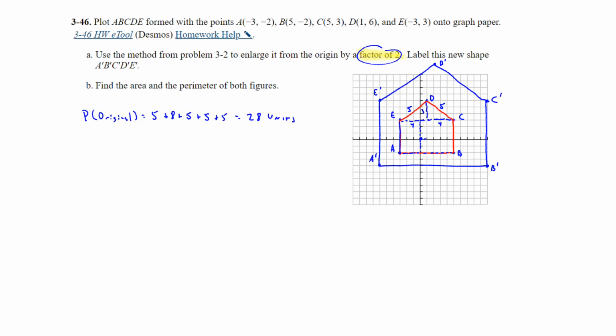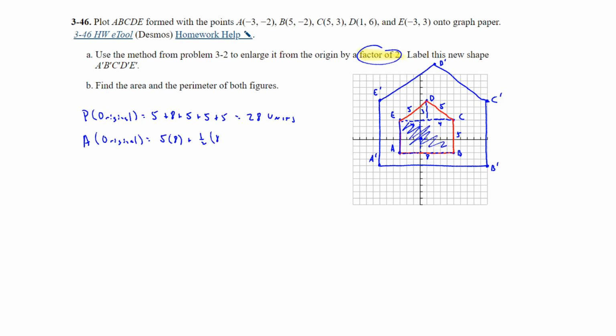We'll then do, let's see, find the area and the perimeter of both figures. So let's go ahead and do the area of the original. The area, we can break it up into 2 parts. We can do this rectangle, and then we can do the bigger triangle. So the rectangle is a 5 by 8. So 5 by 8, but then we want to add the area of the triangle.